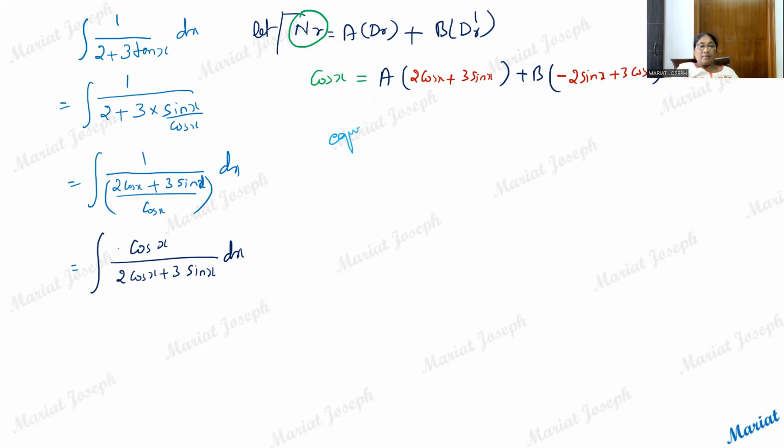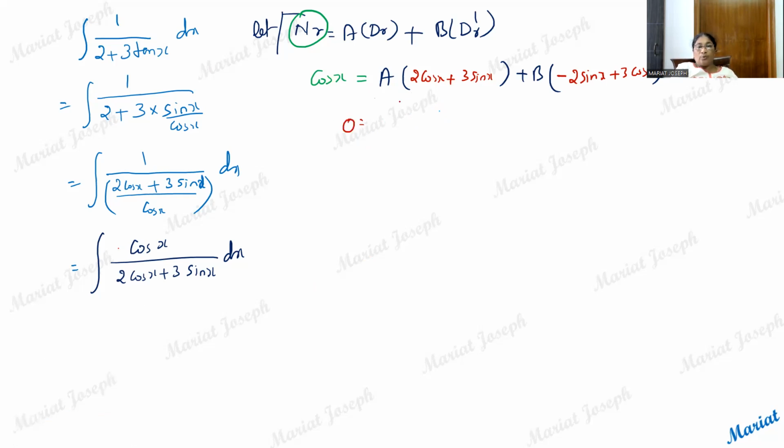Equating the coefficients of like terms, which means the coefficient of sin x on both sides and the coefficient of cos x on both sides. First, let us equate the coefficients of sin x on both sides. How many sin x do we have on the left hand side? 0.